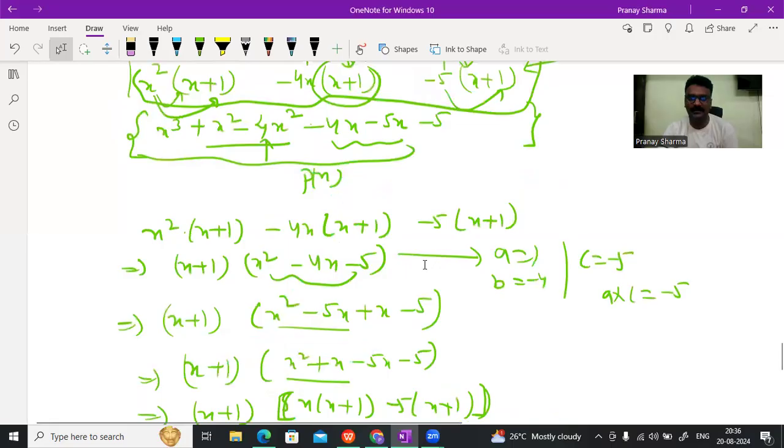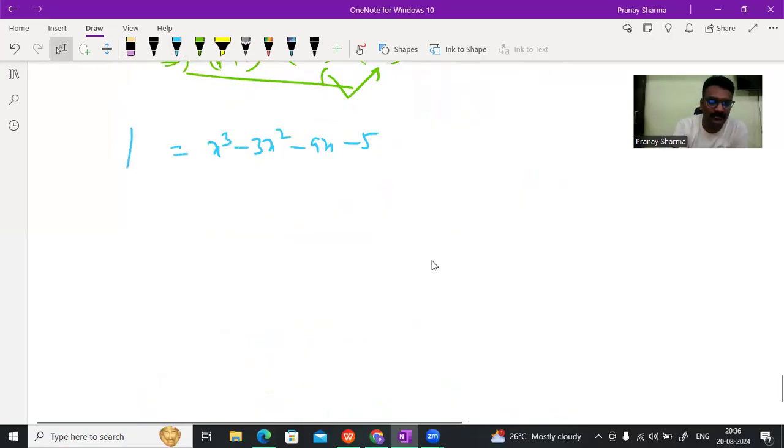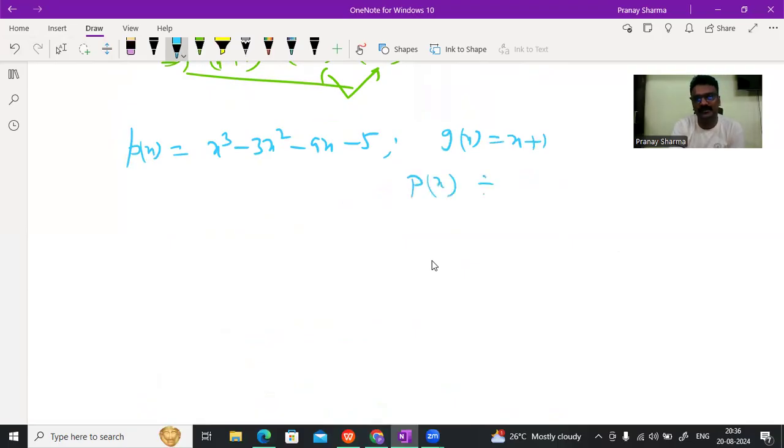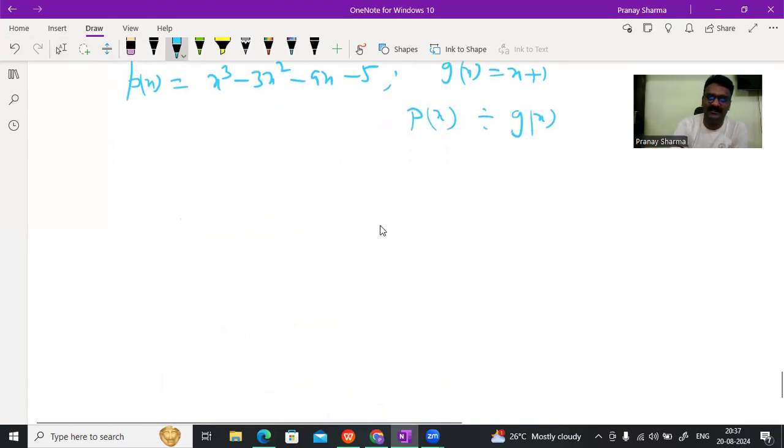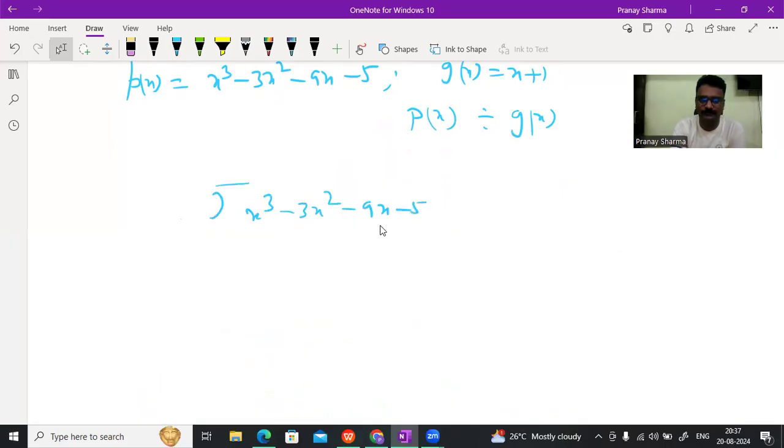And x plus 1 is one such factor. So this is our p of x. And let us say our g of x will be x plus 1. When you divide this p of x with g of x, let us divide them and let us see how things will go.